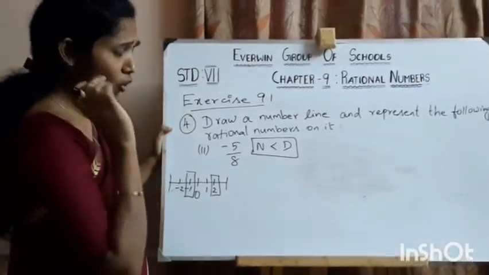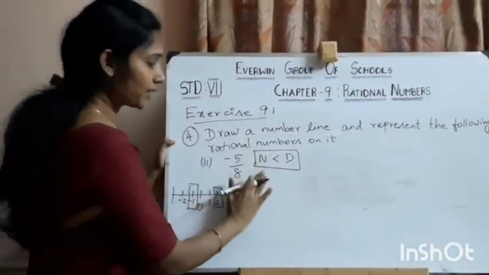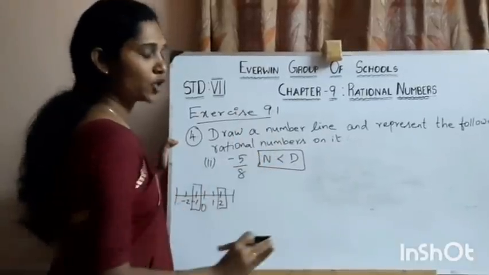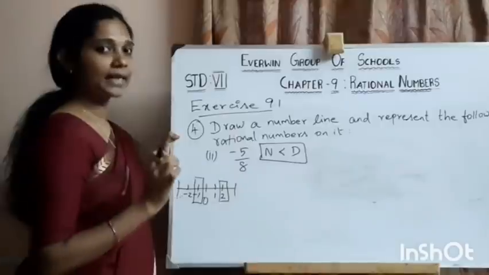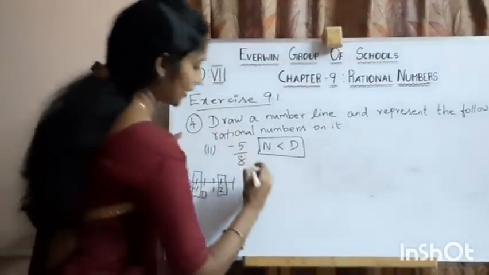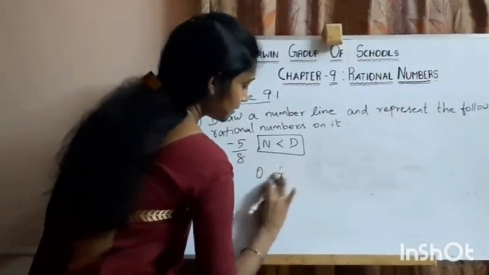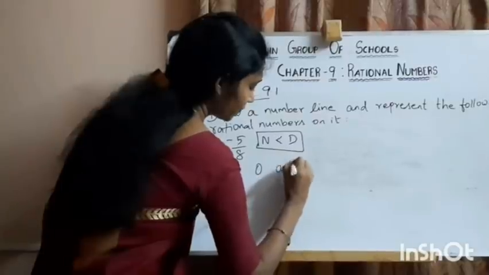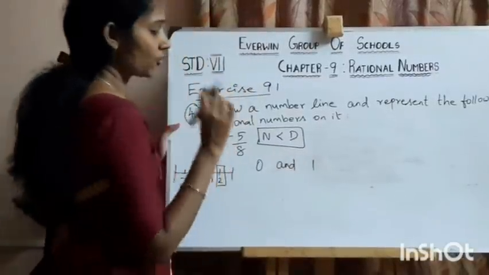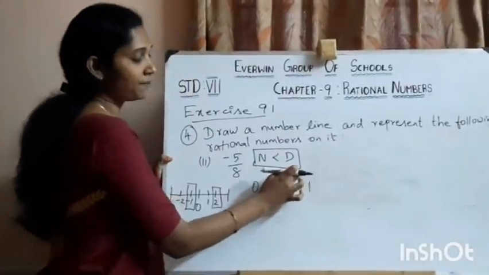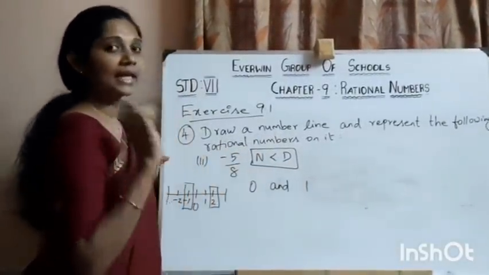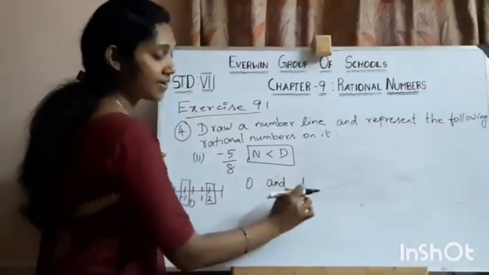Okay. So when the numerator is lesser than the denominator, this rational number will always lie between 0 and 1. Okay. Keep this in mind. So whenever the numerator is lesser than the denominator, this number will be lying between 0 and 1.